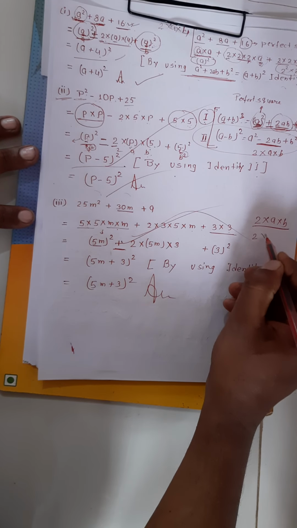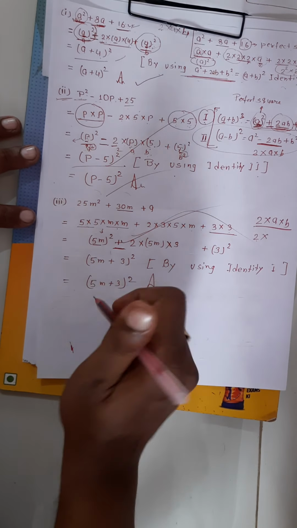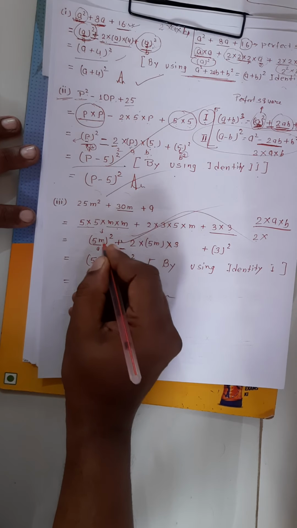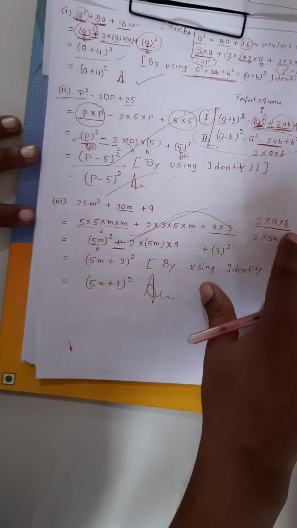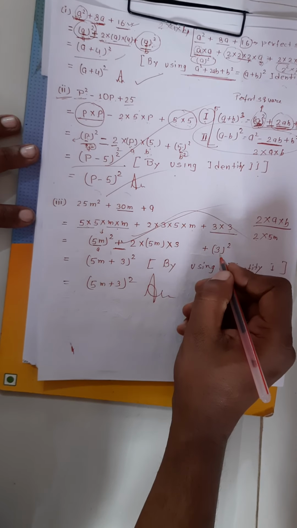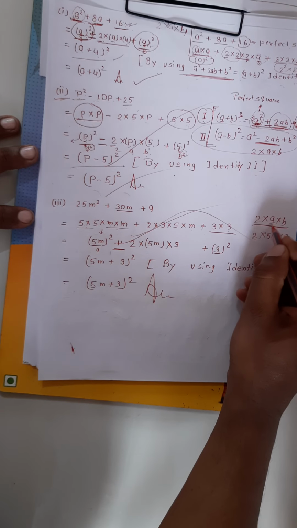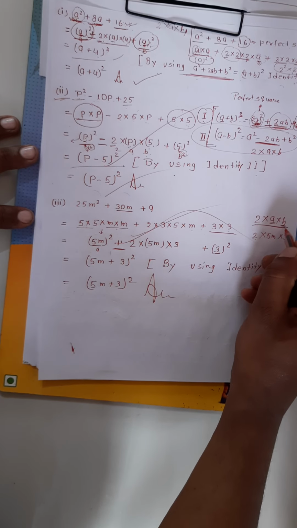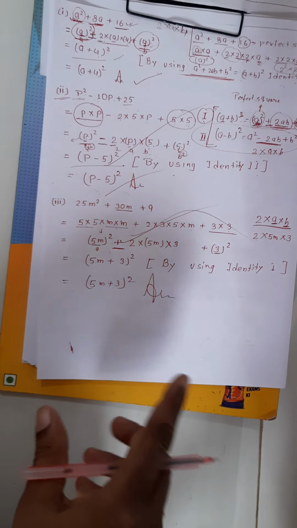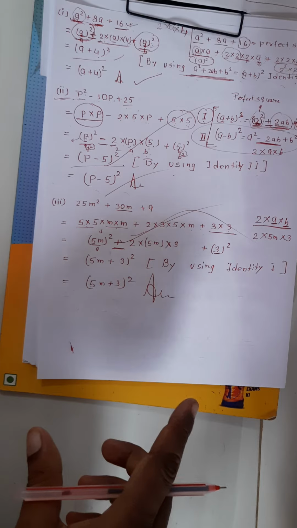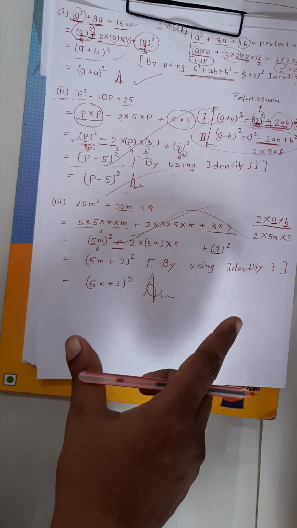Here the value for 2 will be 2, the value of A is equal to 5m, so it will be 5m, and the value for B will be 3. Okay, because it should be a perfect square, it should not be the root of 1 terms.